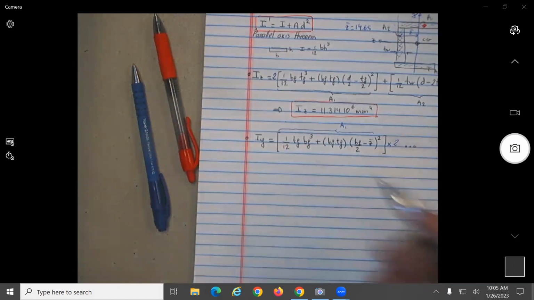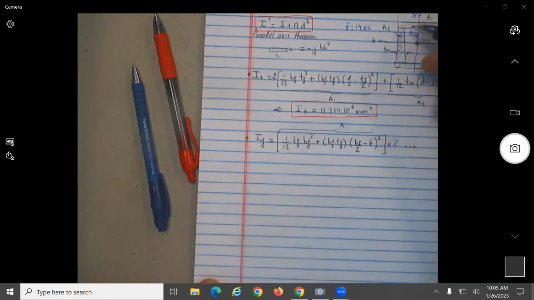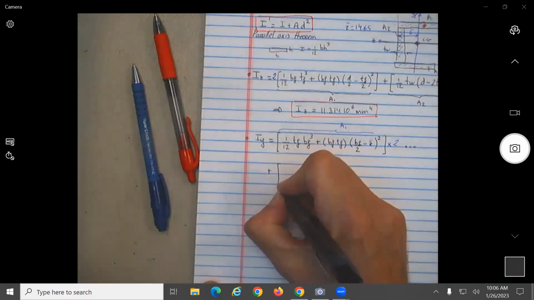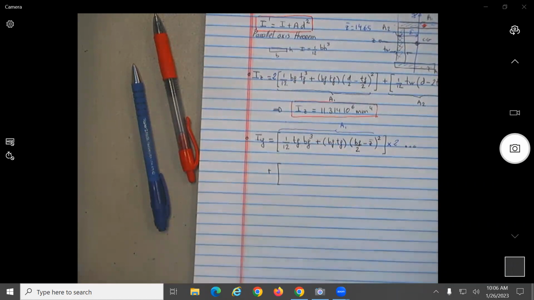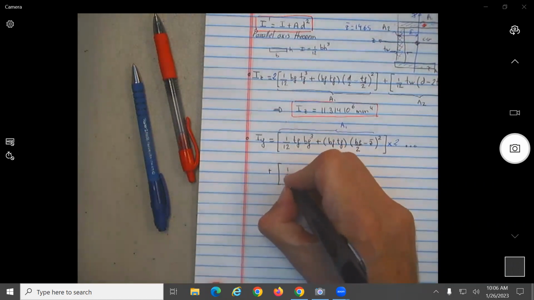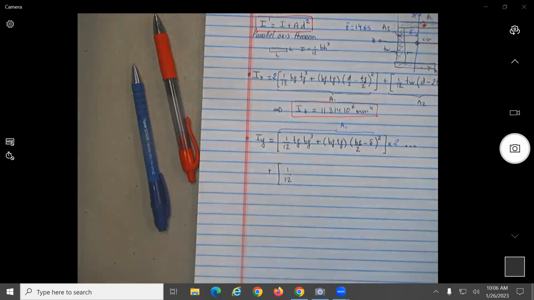Just put 2 if you want, I don't know. Whatever is easier for you. Now we do the same thing for this one over here, for the A2. So that would be equal to what? So 112.